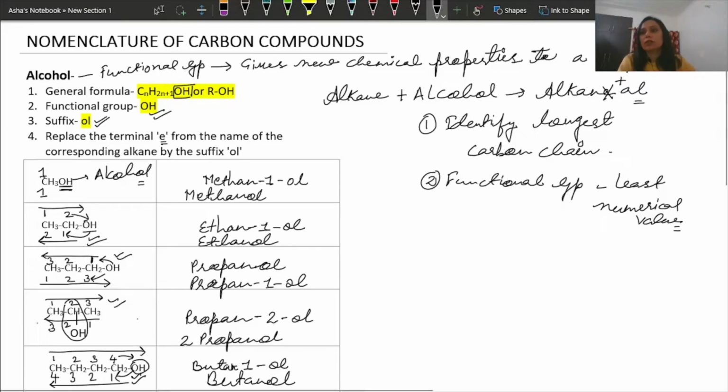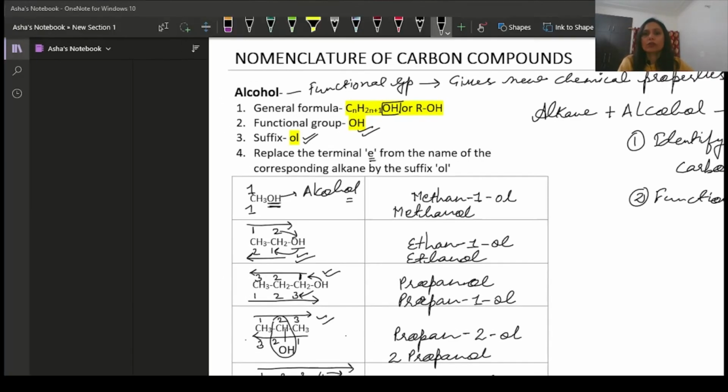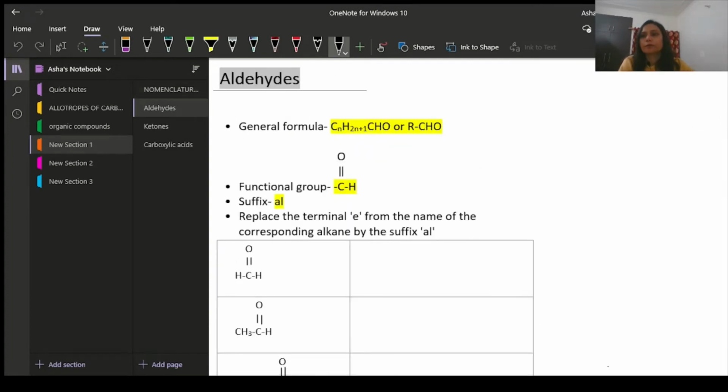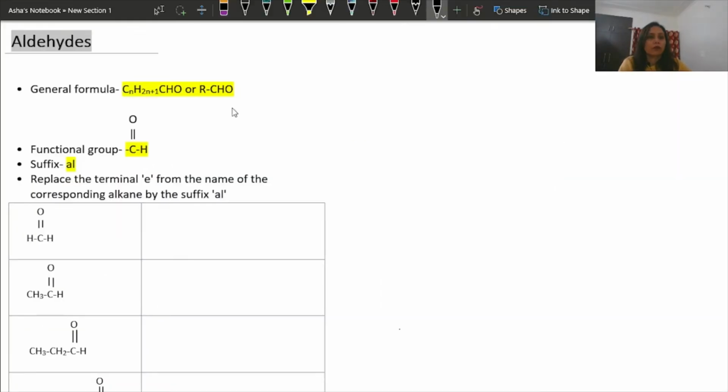Now let's start with the next functional group. The next functional group is aldehyde. Now in aldehyde, this is a general formula. R means the chain. Everywhere the R means this whole formula basically. And CHO is the group.